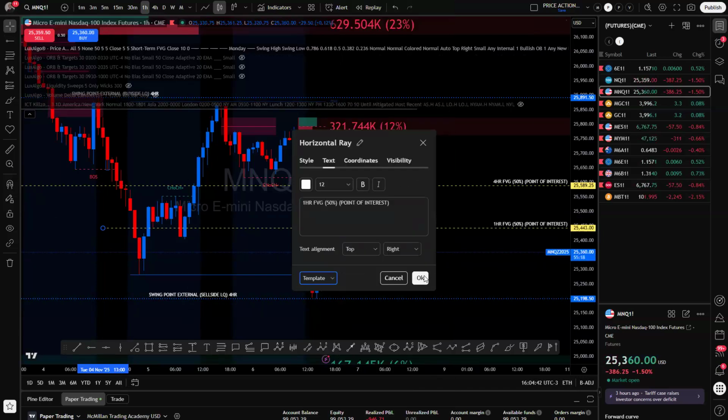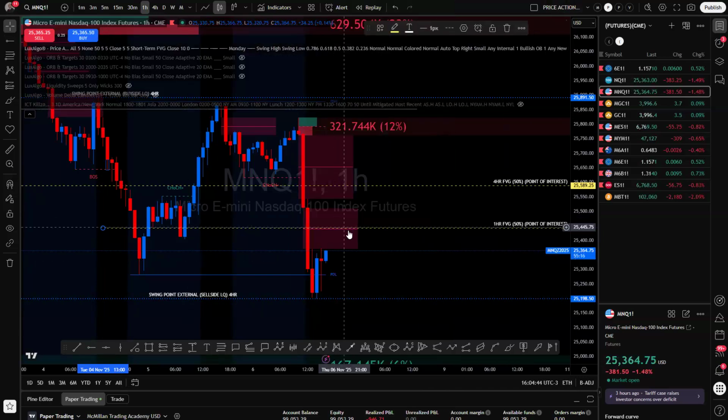Now here, we see that there was a sweep, and then a rejection candle. And we didn't see the fair value gap close here yet. So it's understandable that realistically, price is going to manipulate to this 1-hour fair value gap, or this 4-hour fair value gap.